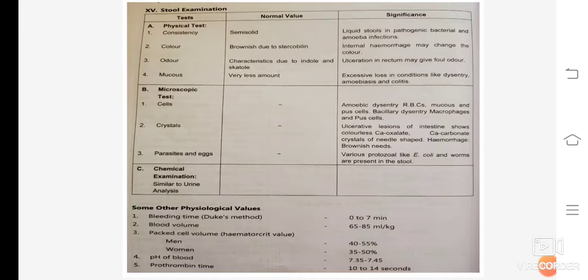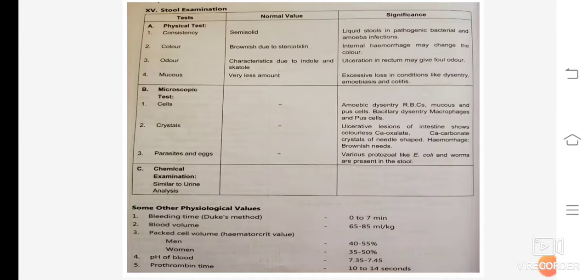Then crystals. In ulcerative lesions of intestine, colorless calcium oxalate or calcium carbonate crystals of needle shape are seen.